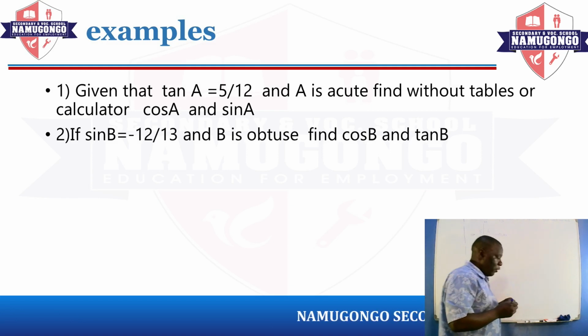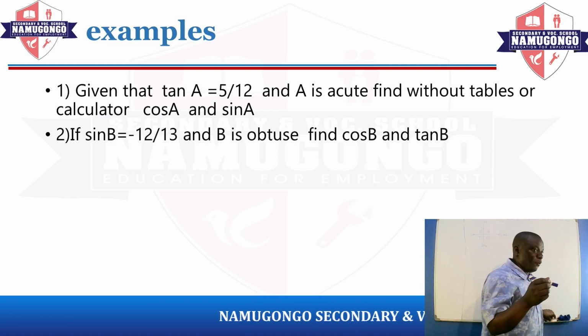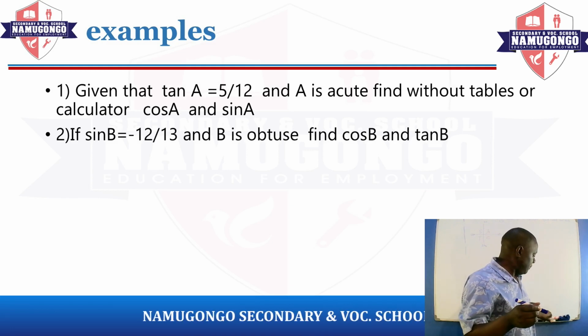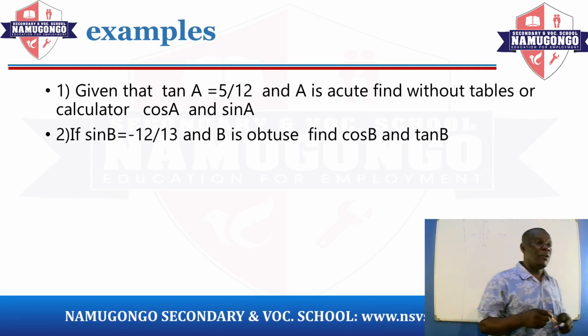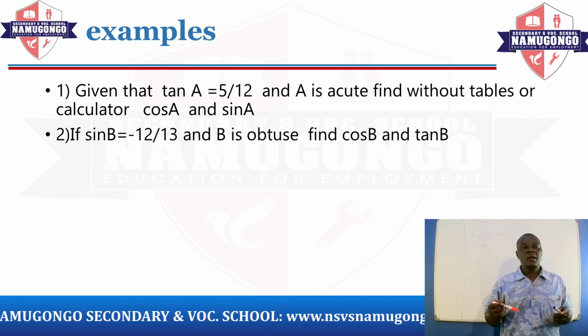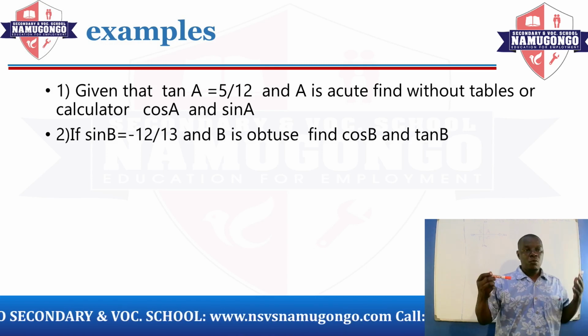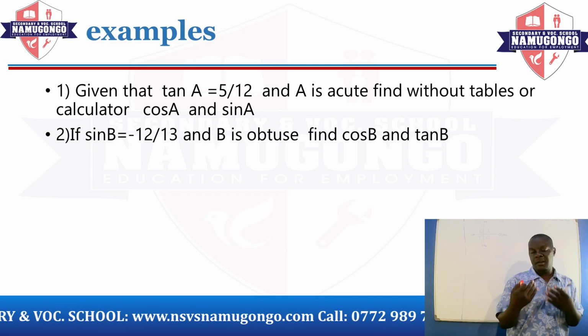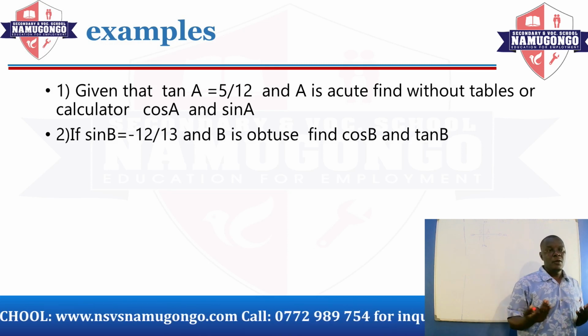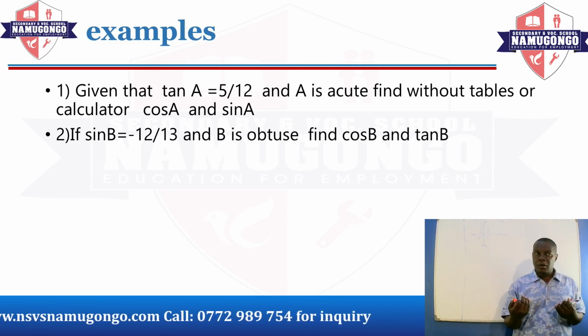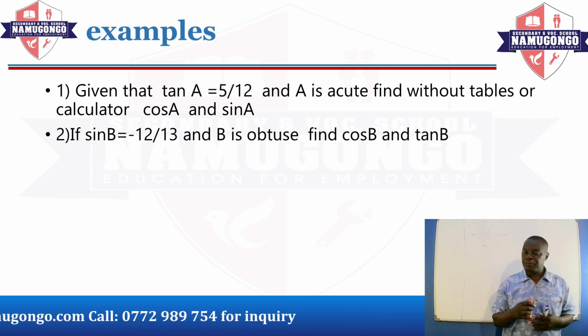Now, when you look at the given question, already some quadrants are going to be discarded because the ratio is negative.